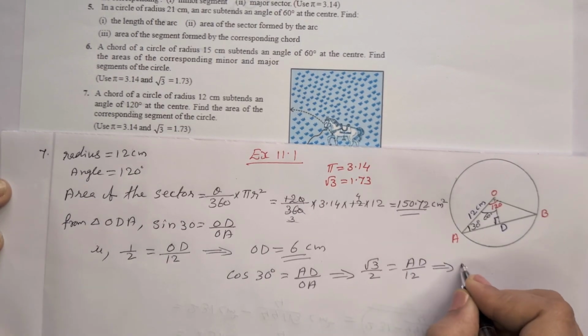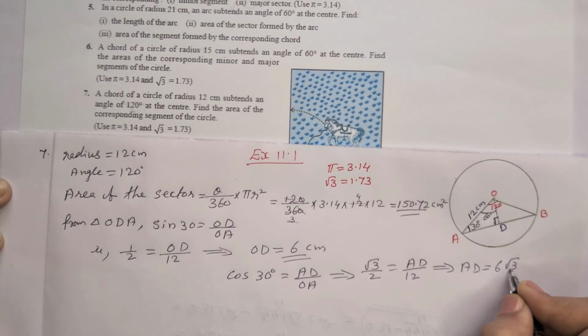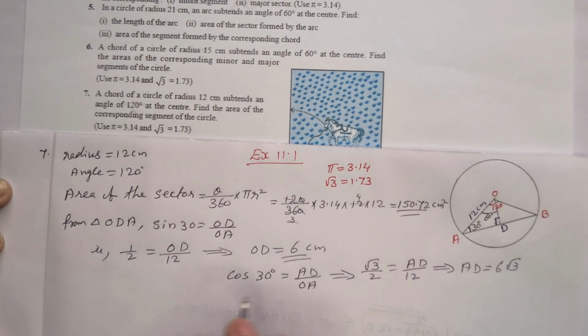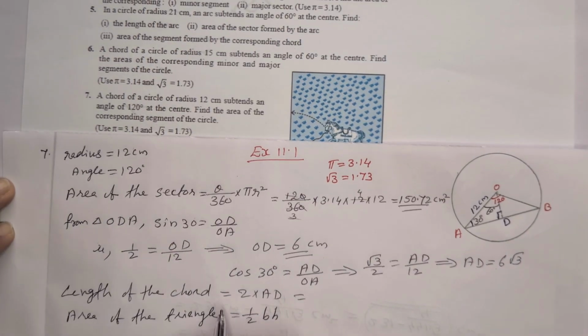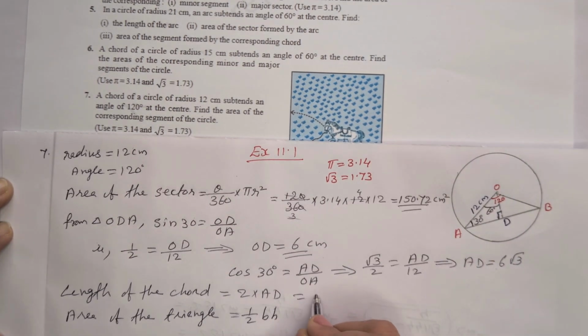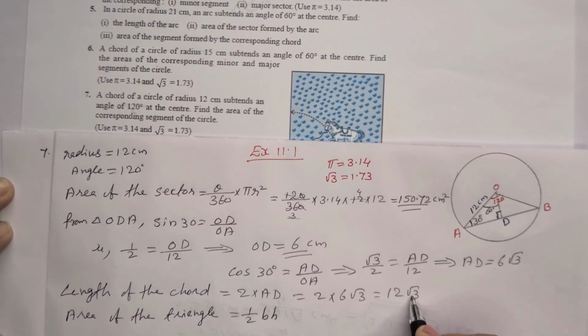And we are cross multiplying. AD is equal to 6 root 3. If AD is 6 root 3, then the length of the chord is equal to double of AD, 2 into AD, which means 2 into 6 root 3 is equal to 12 root 3.